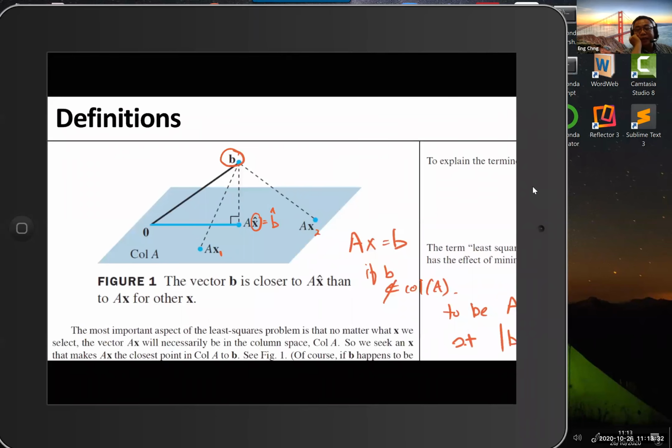But interestingly, their length will always be larger than this guy's length. So this is the least squares solution. The least squares solution is always smaller than any other solution. So let's call this solution 1; its length is smaller than all other solutions.